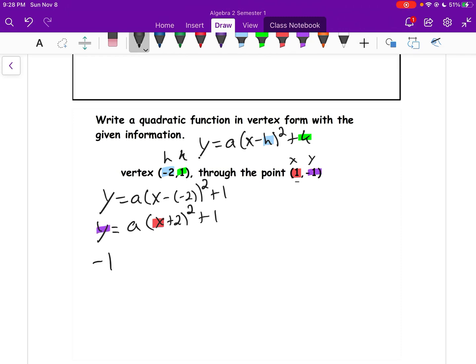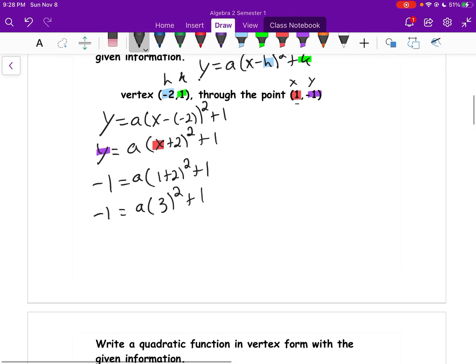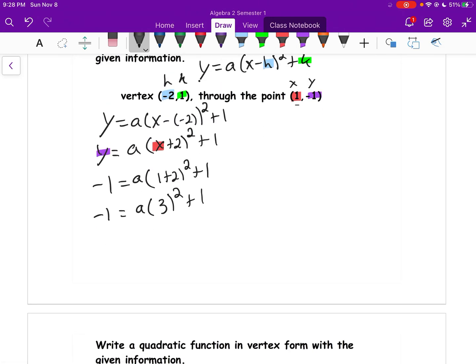When we do that, all we're left with is a and numbers. So since that is the case, we can solve for a. So we got negative 1 is equal to a times 3 squared plus 1. So then simplifying, negative 1 is equal to 9a plus 1.